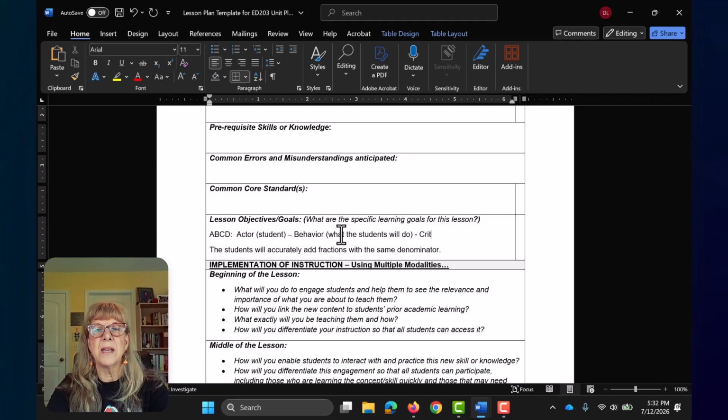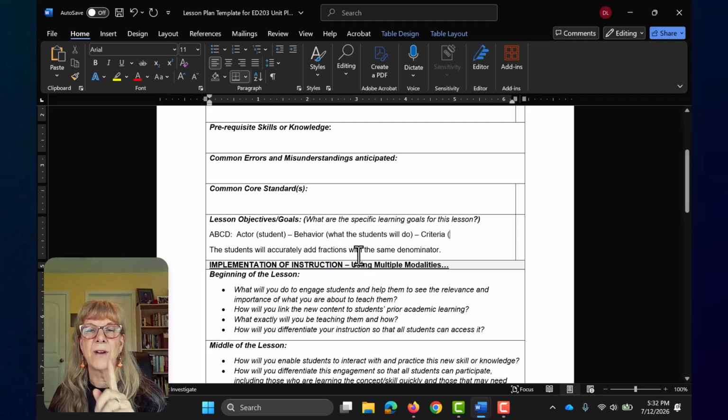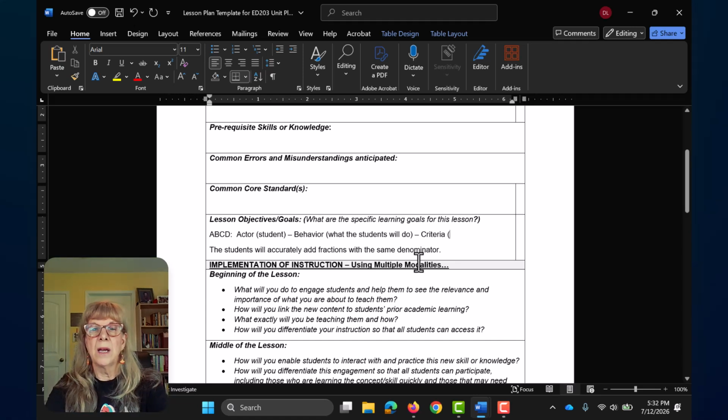And then C is criteria. And so what is the criteria? Well, I'm going to have them add fractions with the same denominator. And so criteria is like under what circumstances.